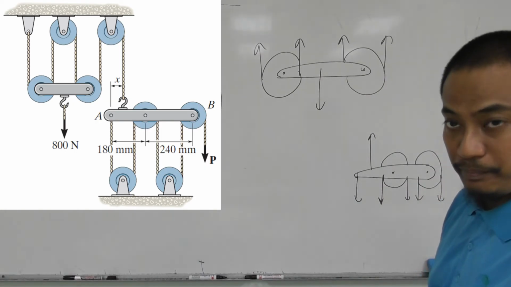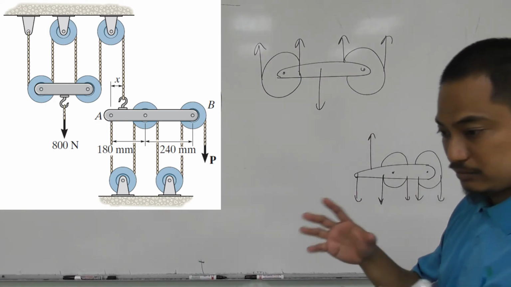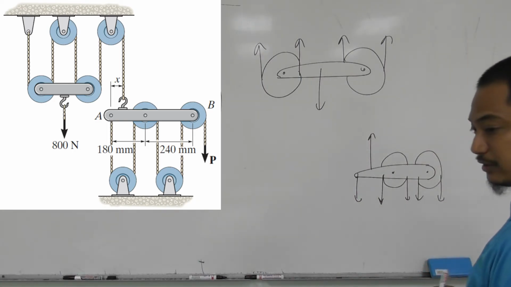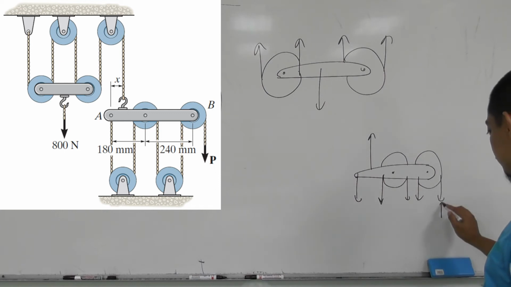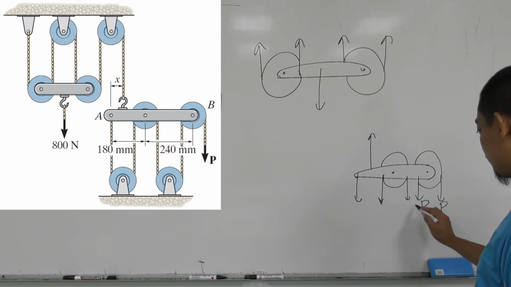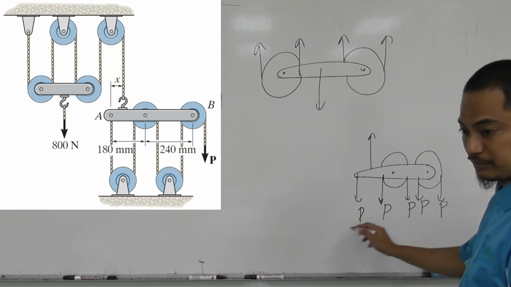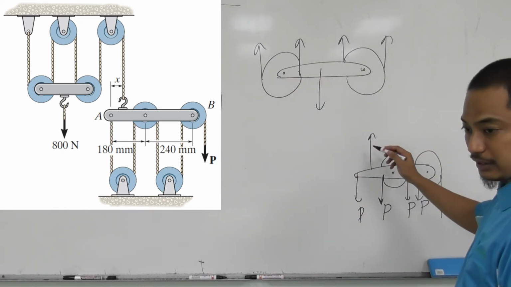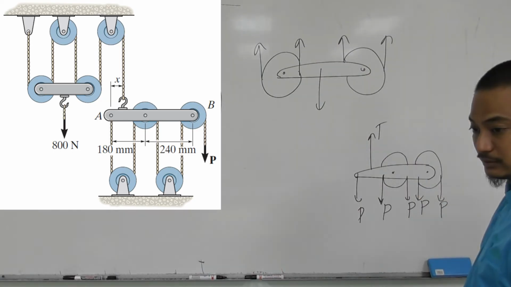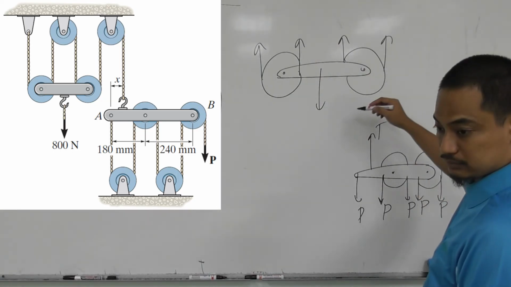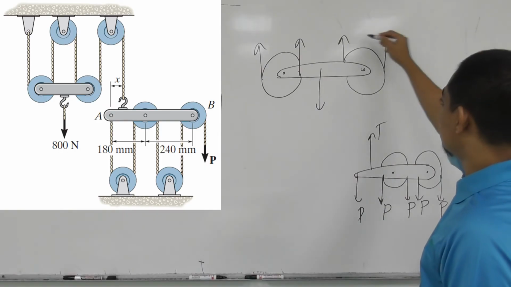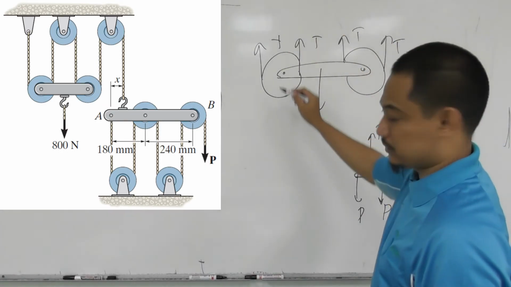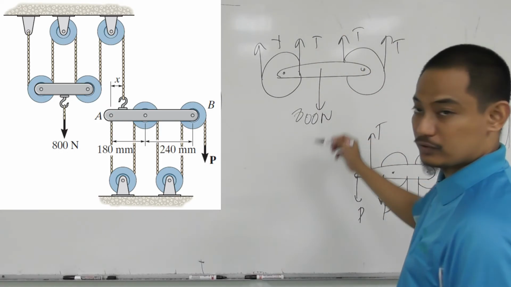Right, so basically, okay, the aspect ratio is going off. So basically, you have P here, which means P here, P here, P here, and P here, right? Because it's the same cable going all the way around, right? And then if you have, let's say this is T, so meaning that this is T, T, T, T, and then this is 800 Newton, right?